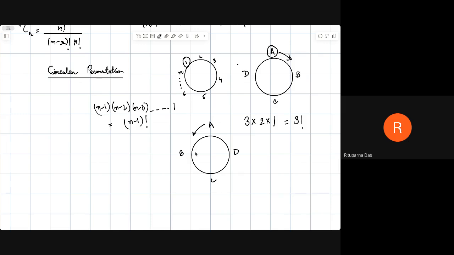What we are saying in this case is that clockwise and anti-clockwise are same. If it is same, then it reduces to n minus 1 factorial divided by 2. Okay.